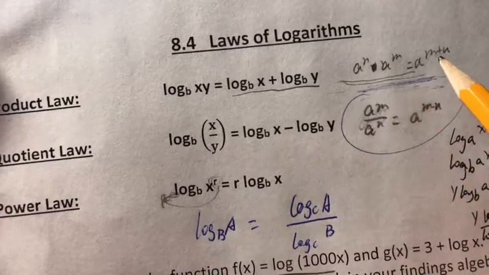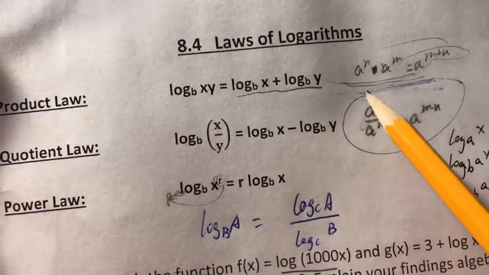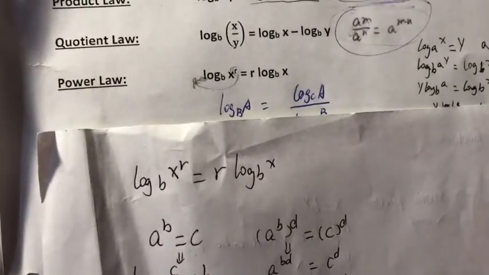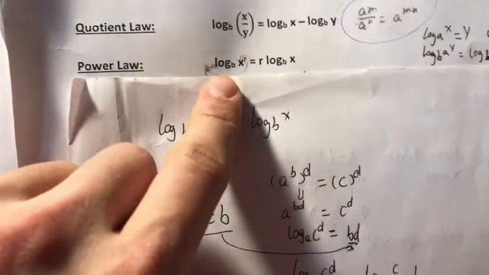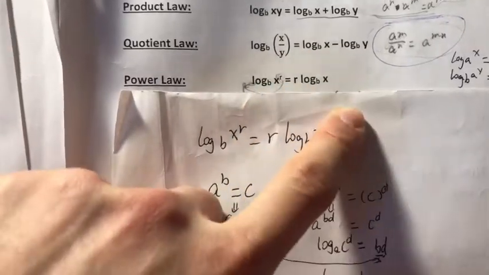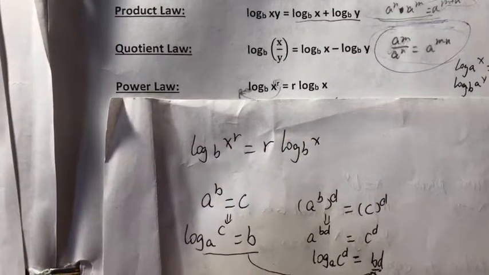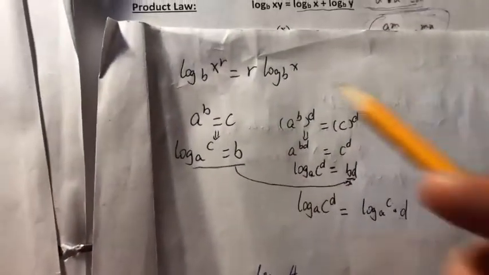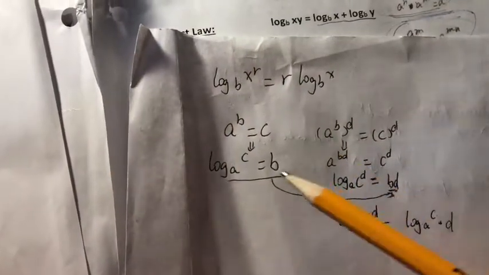So if you know this law, you just reverse it, and this helps you to remember. This one is also a very useful function. That's actually a log that can help you.